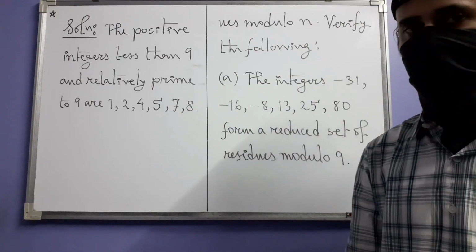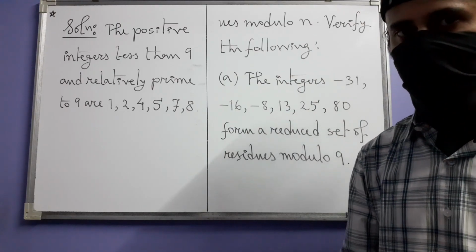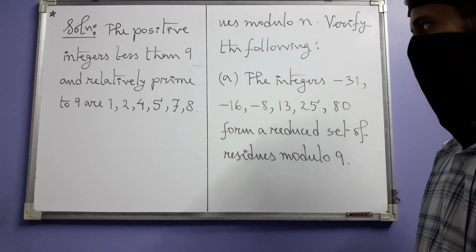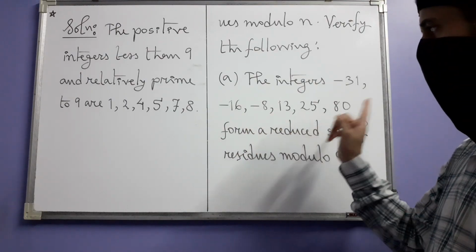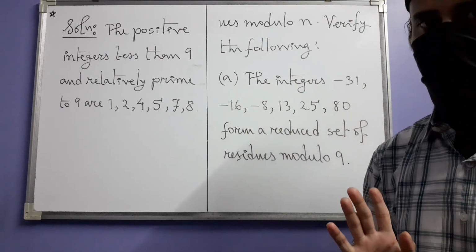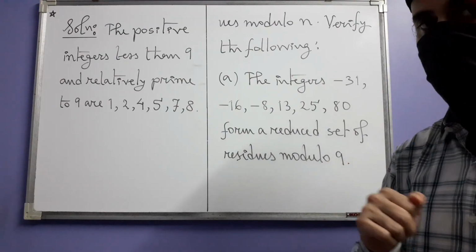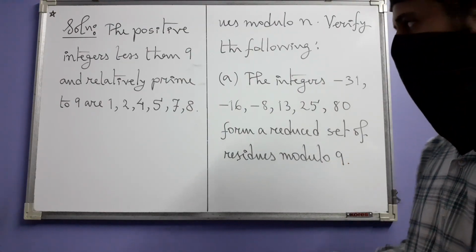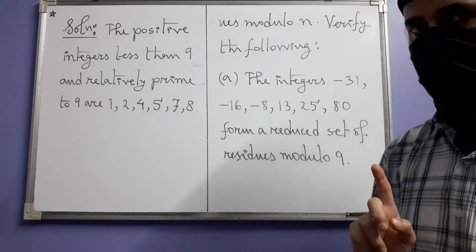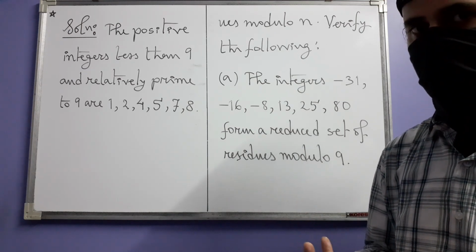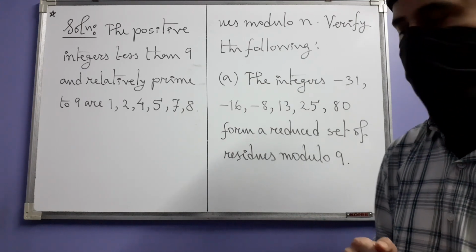Now in the solution one can of course follow just the definition. One shows that each of these given integers is relatively prime to the modulus 9 and no two of them which are distinct are congruent to each other modulo 9.